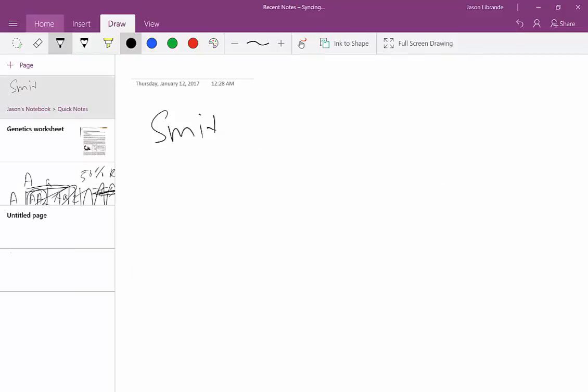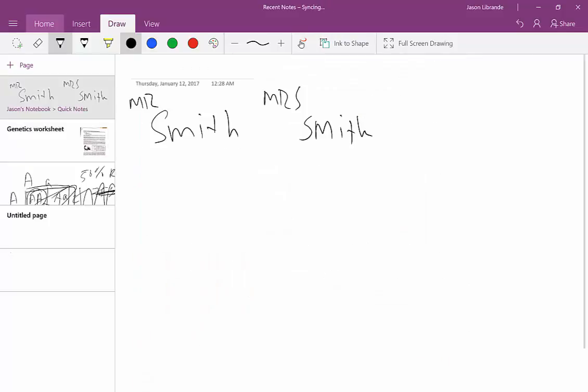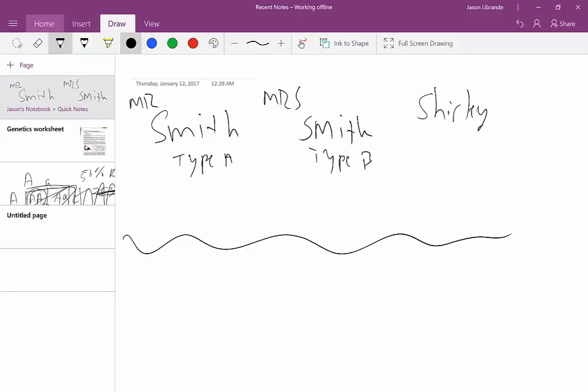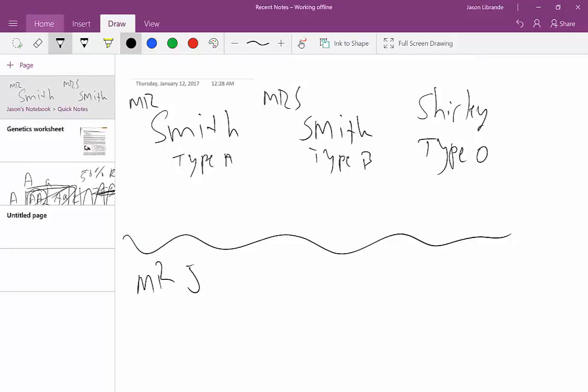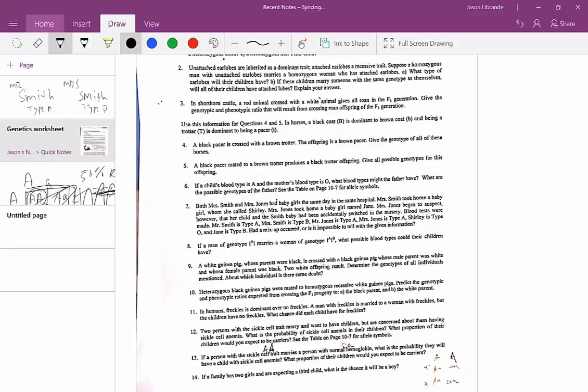So Smith, Mr. Smith, Miss Smith, we know Mr. Smith is type A, Miss Smith is type B. And their daughter, so Miss Smith has Shirley, and Shirley is type O. Okay, and Mr. Jones is type A, and Miss Jones is type A. And it looks like their daughter's name is Jane, and Jane is type B.